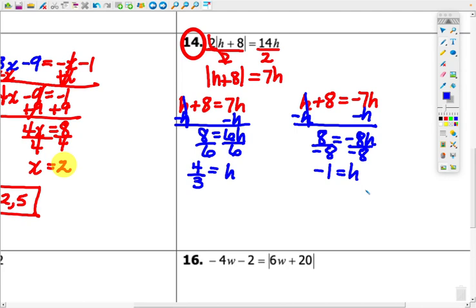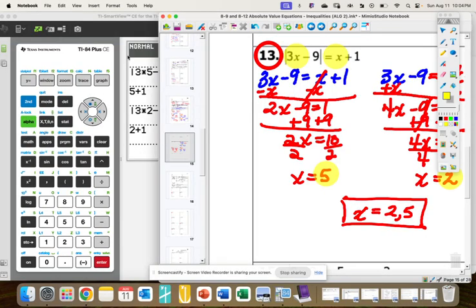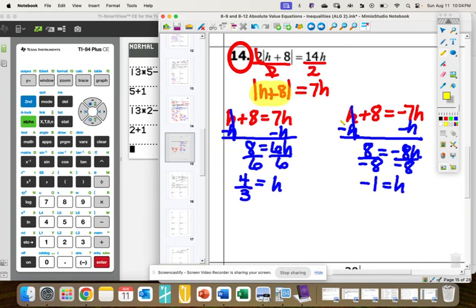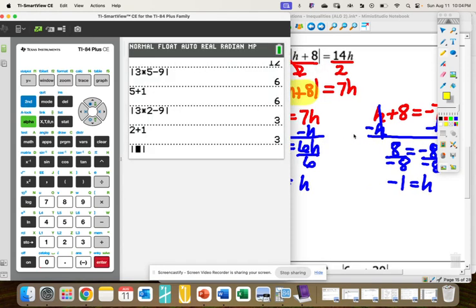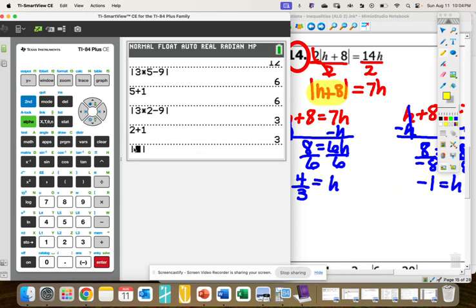All right, so now I'm going to substitute this back into my expression here. And let's start with 4/3. Go to the absolute value, and it was 4/3 plus 8. That's what it gives me.